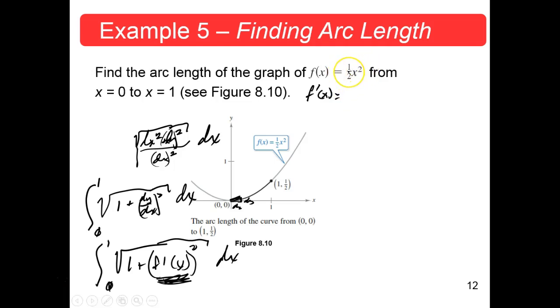So 2 times 1/2 is 1. Yeah, 2 times 1/2 is 1, and then x, right. So there's what f prime is. But what's f prime squared?